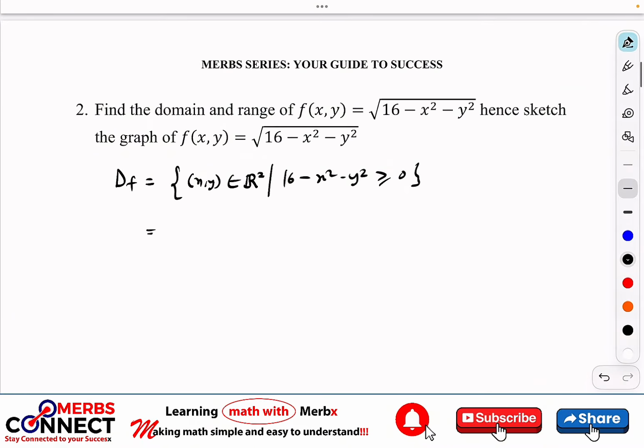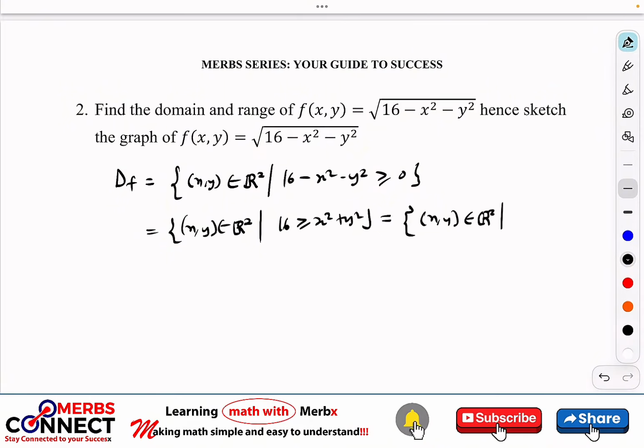So simplify the domain and we have (x, y) belongs to R2, given that 16 is greater than or equal to x squared plus y squared, and this is the same as (x, y) belongs to R2, and here x squared plus y squared should be less than or equal to 16.